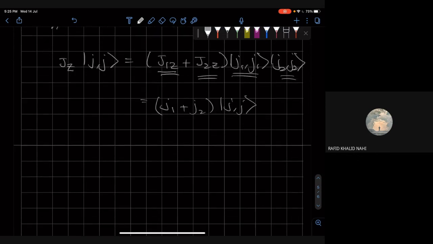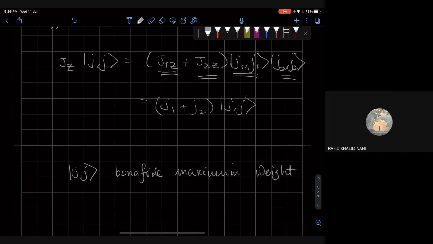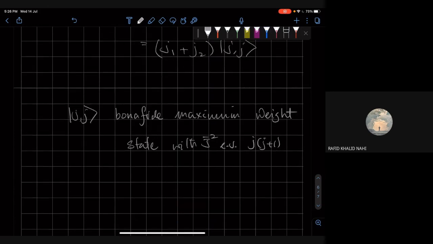So we see that this is a bona fide maximum weight state, with J squared eigenvalue J times J plus 1 and Jz value equal to J.